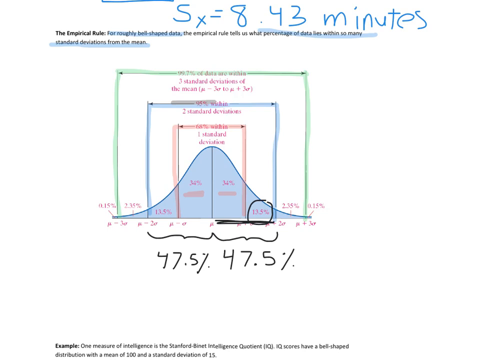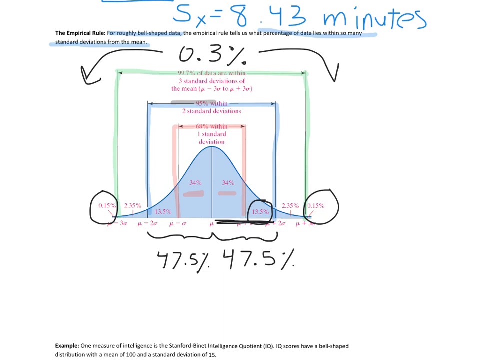Likewise, let's consider our tails. So 99.7% isn't all the data. What's left over? 0.3% is farther away than 3 standard deviations. So 0.3% fall outside 3 standard deviations. And because of symmetry, we have to divide it evenly in the tails.